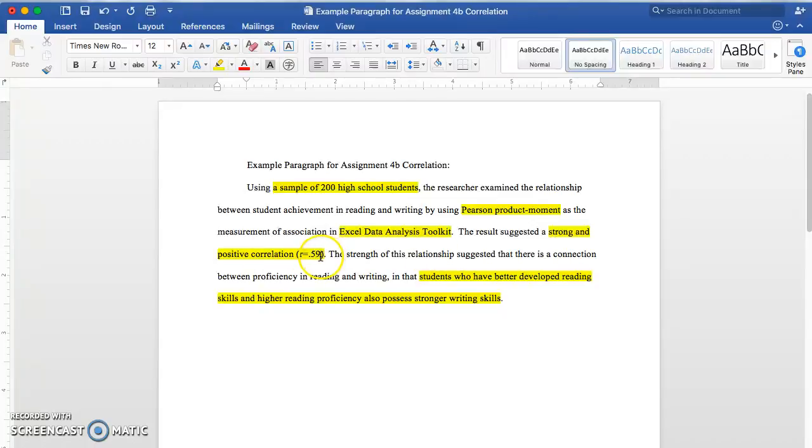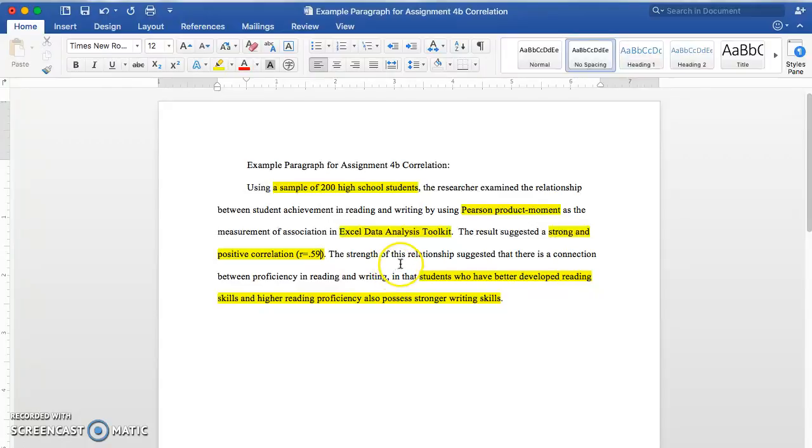In this case, 0.59 falls in the range of a strong correlation. And since the value is positive, we want to point out it's a positive correlation, because correlation can be negative or positive, depending on the value you got, right? Okay, so the two things you should point out are that it's a strong and positive correlation.